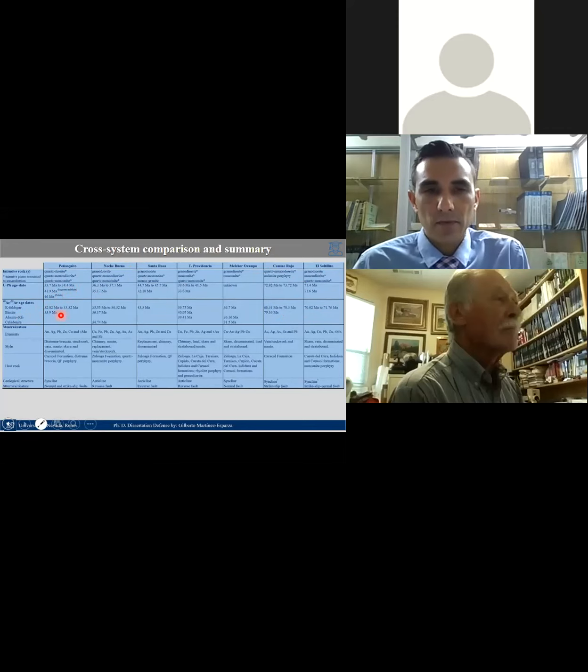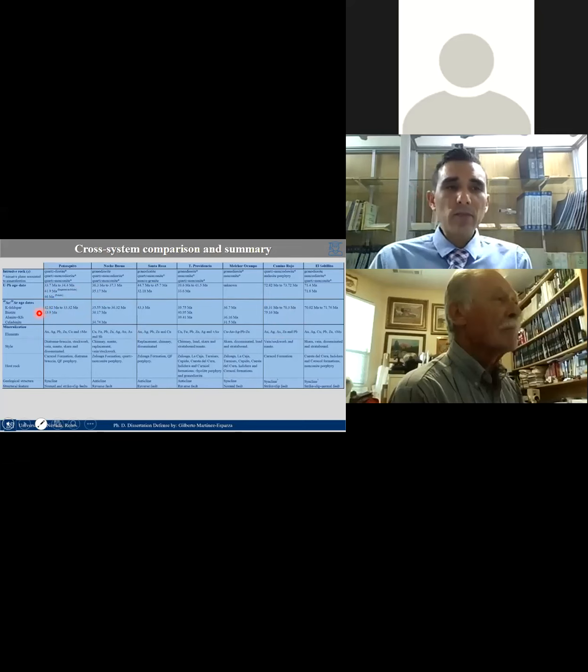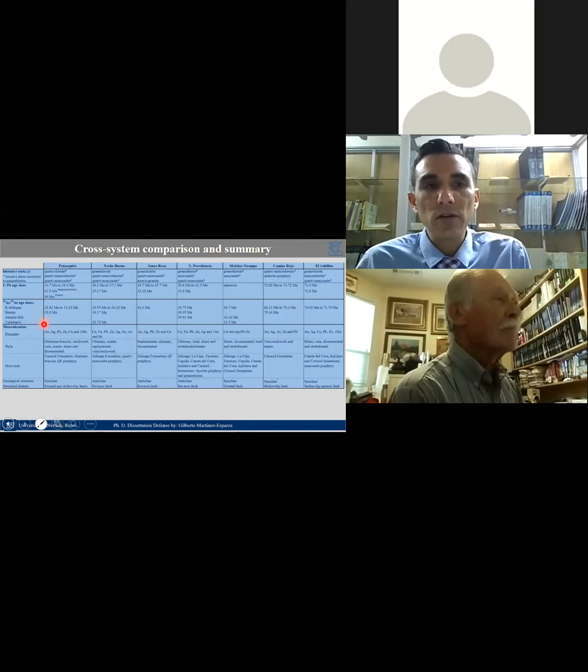The ages, as we saw already, are in pretty good range with the intrusions. It seems the hydrothermal alteration ages show Peñasquito is the younger one. Basically, all the localities are polymetallic. Mineralization at Peñasquito, the main element is gold, although considerable amounts of silver, lead, zinc.